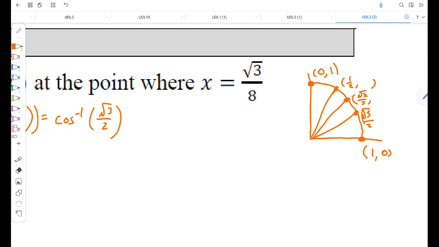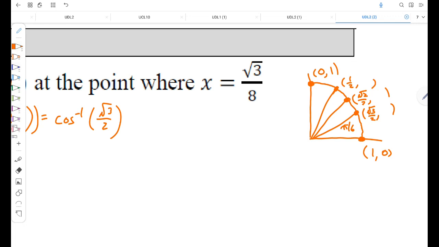I wrote that a little bit big. Got excited because it was what we were looking for. Let's clean that up a little bit. Our third one is the root 3 over 2, comma. And then obviously the y values, which are for inverse sine, go in the opposite order, but these x values are all we need. And that's enough to tell us that we need the bottom line, and the bottom line is pi over 6.